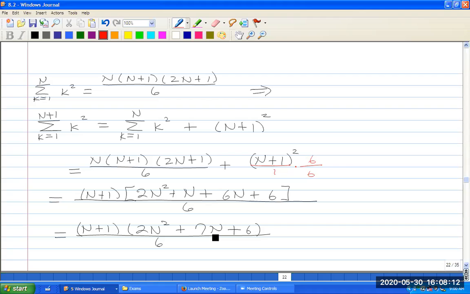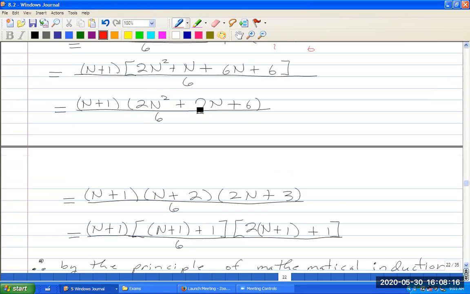Now let's factor. So I can factor 2n squared plus 7n plus 6 as n plus 2 times 2n plus 3. n times 2n gives me my 2n squared. 2 times 3 gives me my 6. 2 times 2n is 4n, plus 3n gives me my 7n.